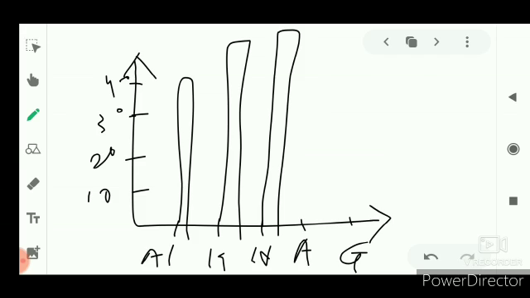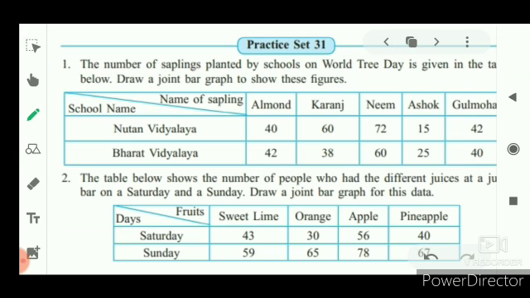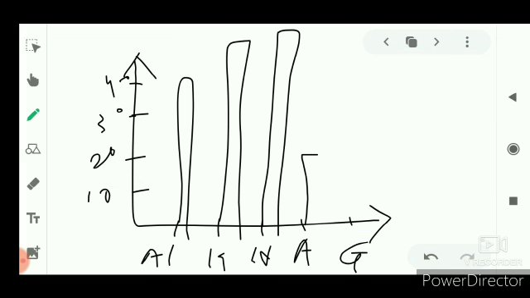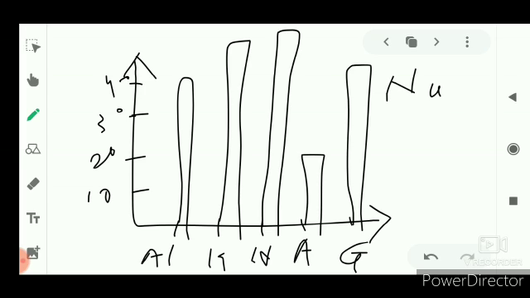Then for ashok 15 and for gulmohar 42. So for one school, that is Nutan Vidyalaya, we can draw the graph like this. Here is the origin, 0.